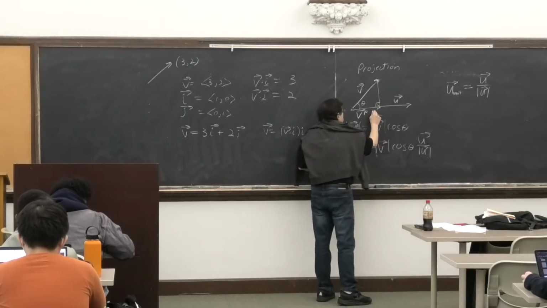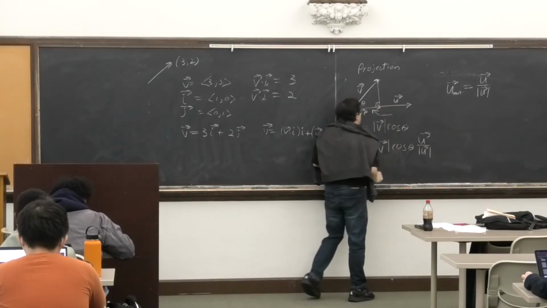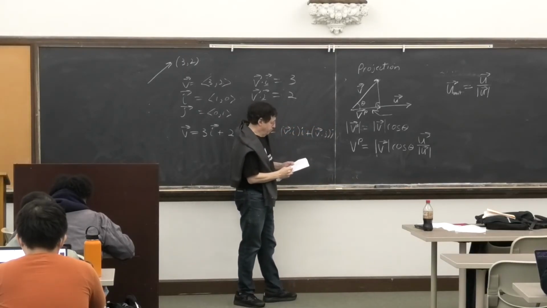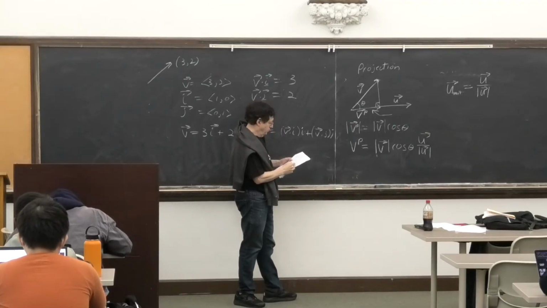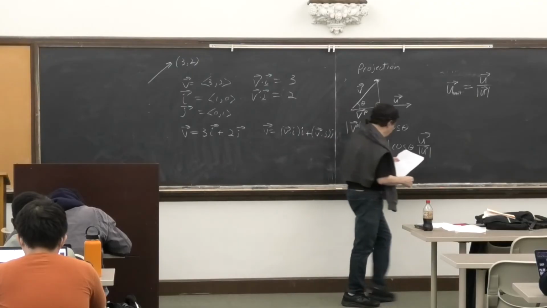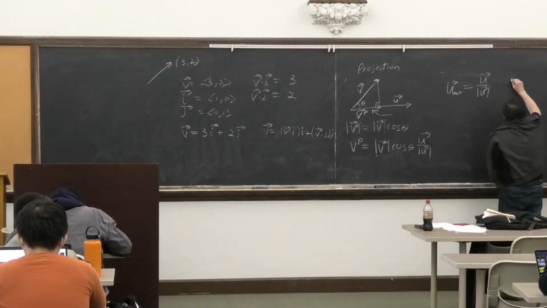And that gives us this vector here. Rewrite this over here because we're going to do something tricky with this.